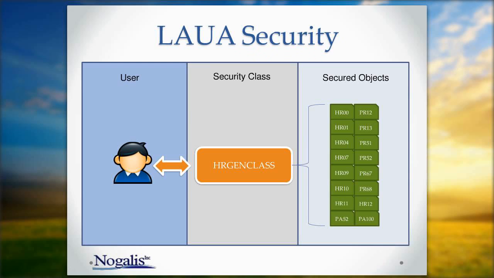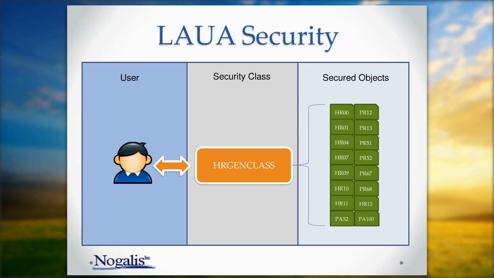So in the old world of LAUA security, which apparently nearly half of you are still on, our user, we'll call him Martin, on the left, had access to secured objects within Lawson, meaning screens and batch jobs and reports, through a security class that he was assigned.